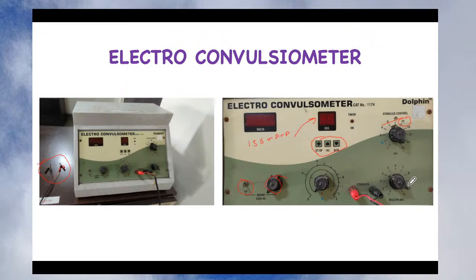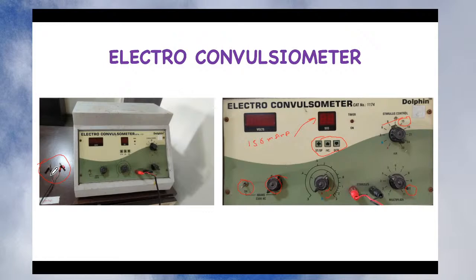You set the multiplier to 10, and with this key at 15, it will provide a current of 150 milliampere. Likewise, you can use this key to set different readings, like A or B, maybe milliampere, or you can select the reading in ampere. So you can make use of all those keys of the control panel to select the desired current and the time for which you are going to give the current.